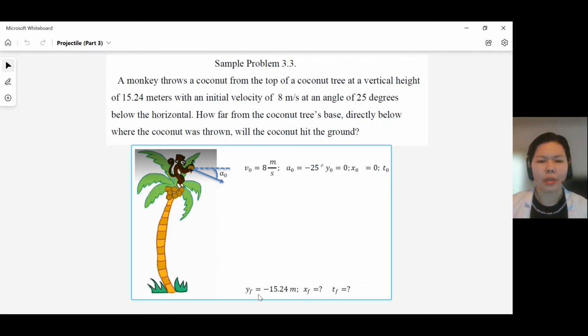For the other given, just before the coconut hits the ground, we have y sub f, negative 15.24 meters. Negative because y sub f is below the starting point, and we are to solve for x sub f.